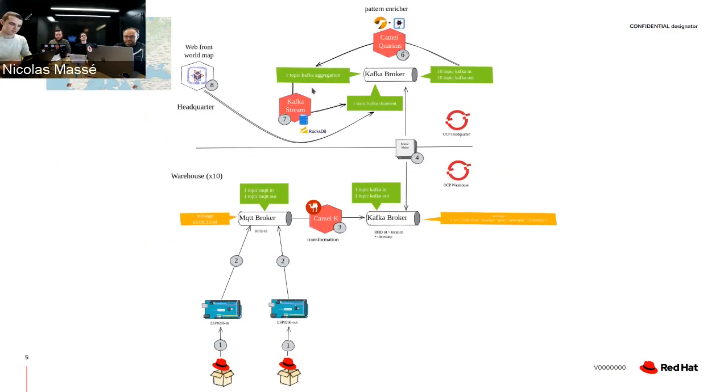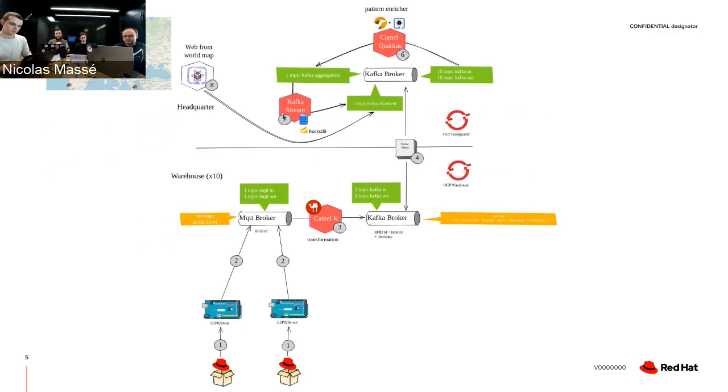And then we have a stateful Kafka stream processing, which transforms location data into shipments. The reason we are doing this is that the ESP devices collect location data: this parcel has been seen in this warehouse at this time.